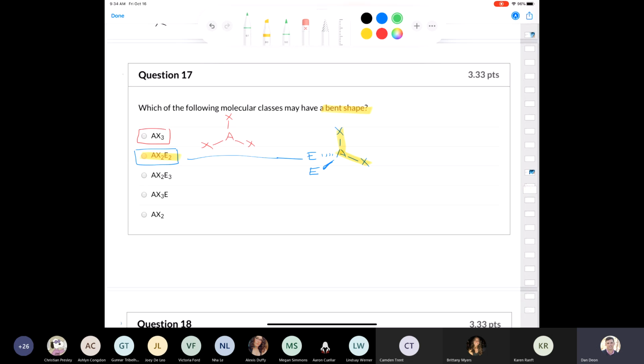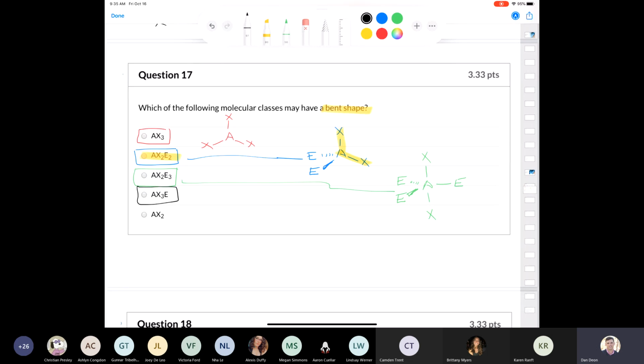Let's again look at the rest of them to be thorough. We have AX2E3. I'm going to have my A and my 2 X's like this, because it's going to adopt a trigonal bipyramidal electron geometry, but of course, it has a linear molecular geometry. The next one is AX3E.